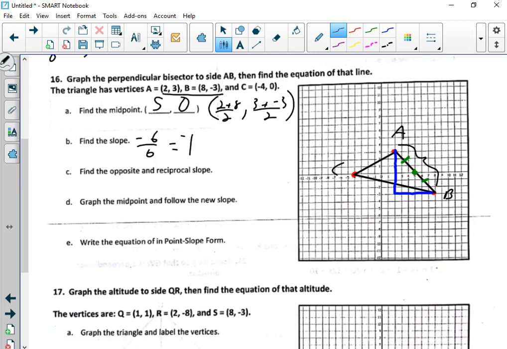Now for reciprocal, when you flip that, it's really negative 1 over 1. So that's going to be positive 1 over 1, or just simply 1. Now it says graph the midpoint, which you already did, and follow the new slope. Well, if you count up 1, right 1, you're going to go this way. But usually when we draw the perpendicular bisector, we do it inside. So we want to go down and left, like so.